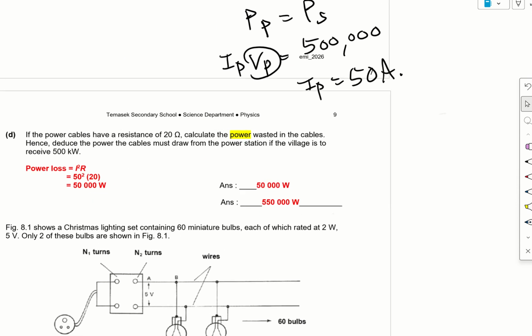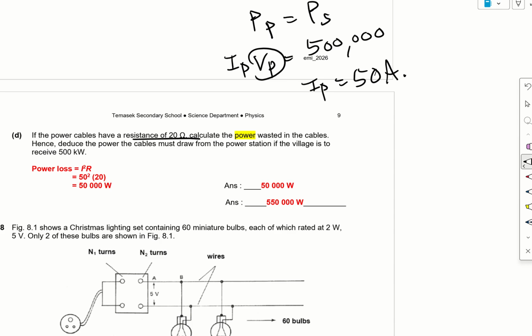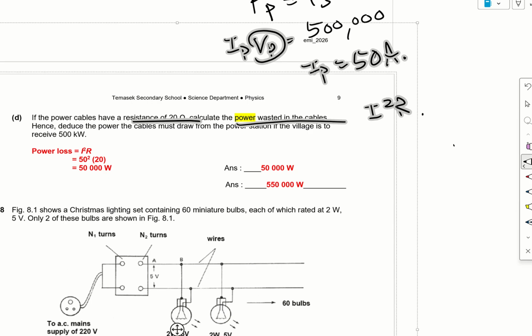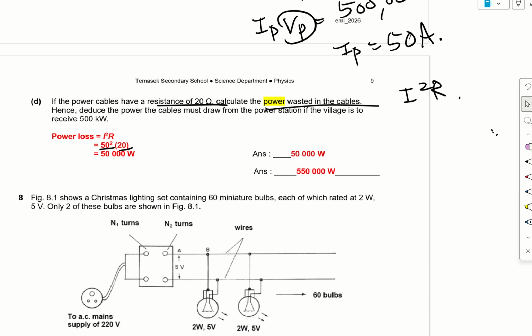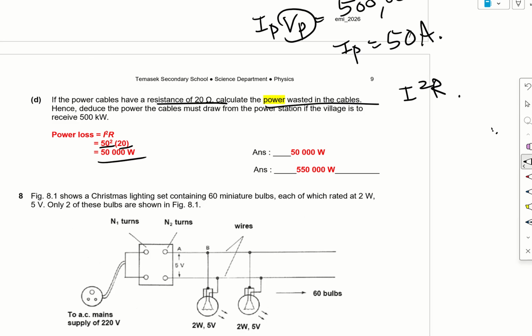If the power cable has a resistance of 20 ohm, calculate the power wasted in the cable. That means the power loss due to I squared R. We just calculated that the transmission current is 50 ampere, and the resistance is 20 ohm, so the power loss is 50,000 watts.